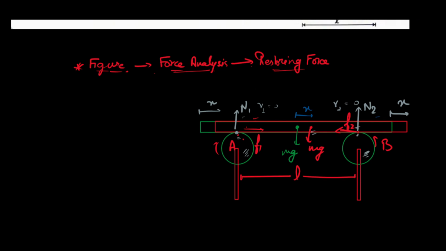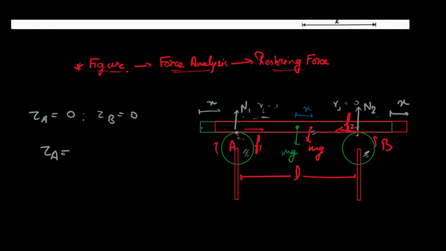N1 and N2 can be calculated by establishing the rotational equilibrium. That means tau A has to be equal to 0, and so is going to be tau B. Since the rod is in both translational and rotational equilibrium, this equality holds true. So tau about A will give us a relation between mg and N2.